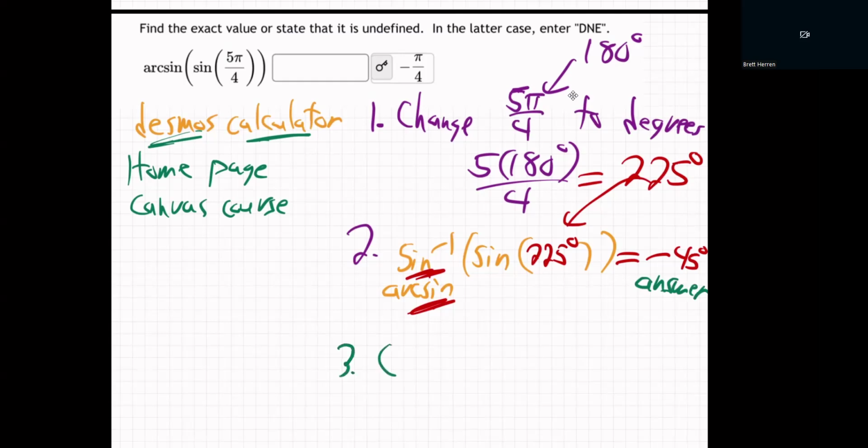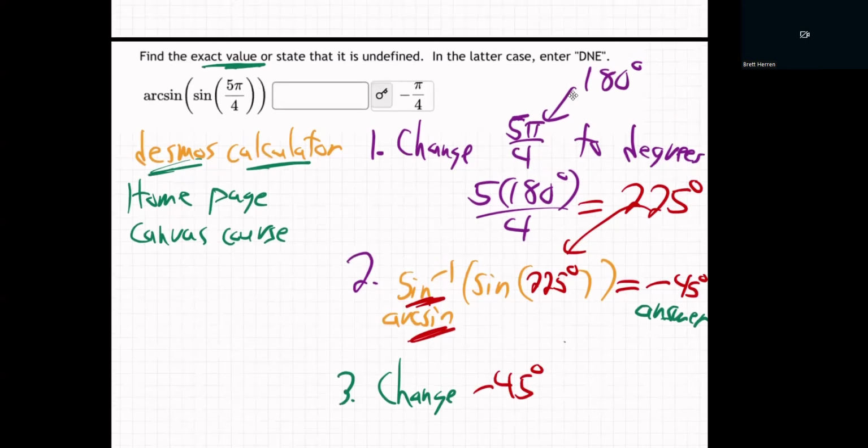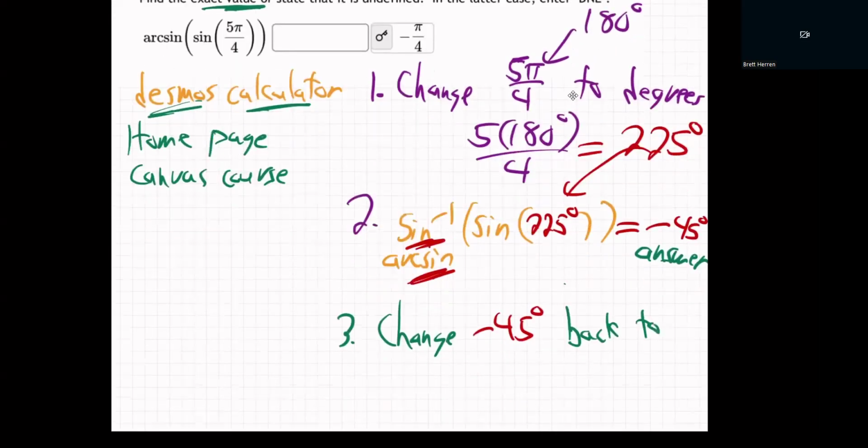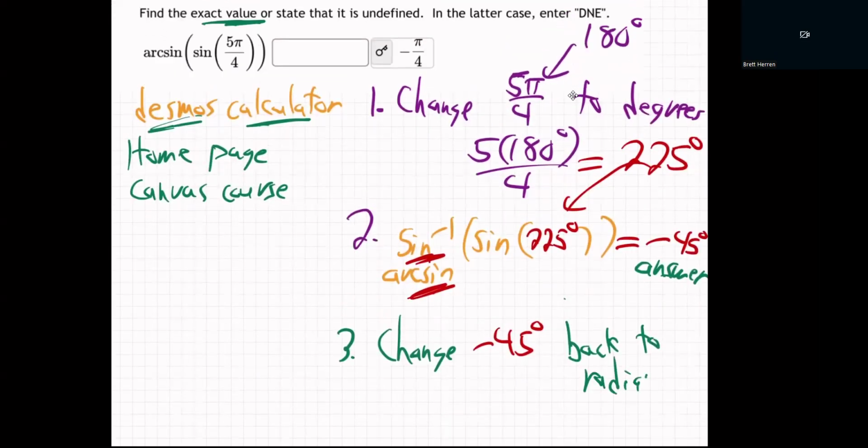And then step three, you have to change that back to radians, because they want exact values. They don't want degrees. We got to go back to radians. Change minus 45 degrees back to radians. How do you do that?